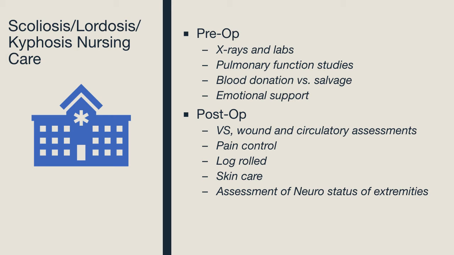Assessment of neurostatus of the extremities is extremely important with these kids to make sure that there hasn't been any damage to the spine. And we try to get these kids up and walking as soon as possible because that's going to help them heal faster.